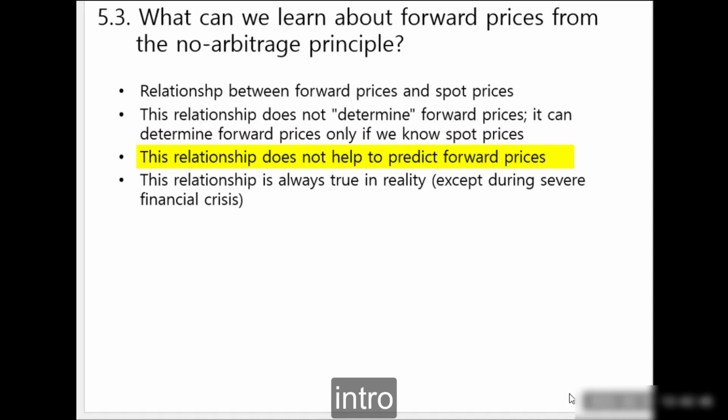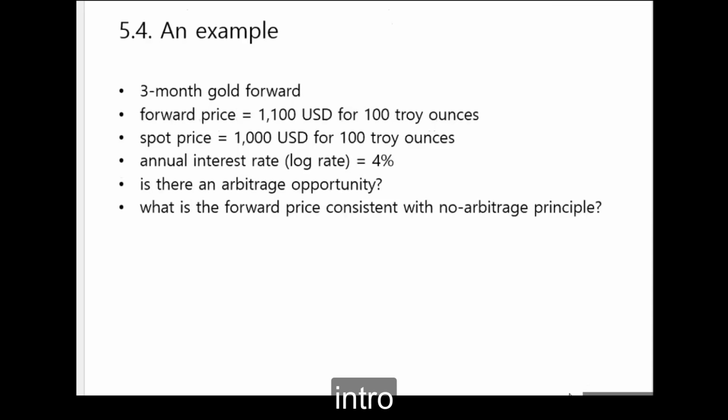But if we don't know the spot price, then we don't know the forward price. So that's the relationship that we want to talk about. And finally, the relationship we are going to talk about here is always true in reality, unlike the relationship that we will talk about based on the equilibrium ideas, which will be the next topic. So let's start with an example.